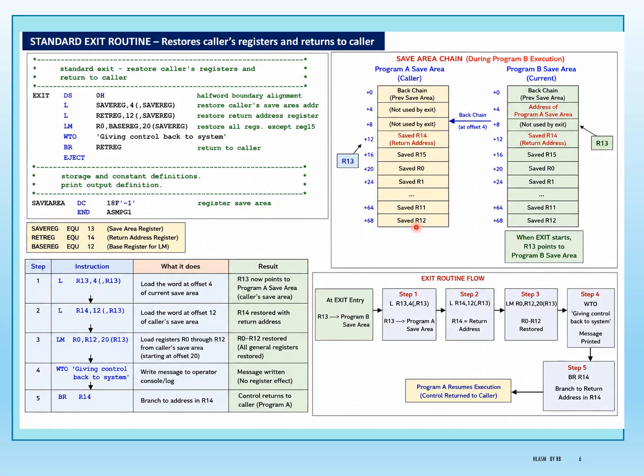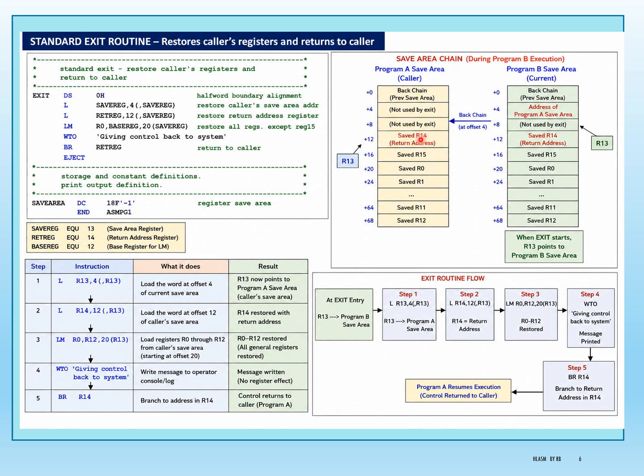Now this is my register 13, which is the program A save area. Now I am taking offset 12. What was there at offset 12? If you remember, the register 14 address. What was the value in register 14? That was there here, and register 14 is nothing but the return address.